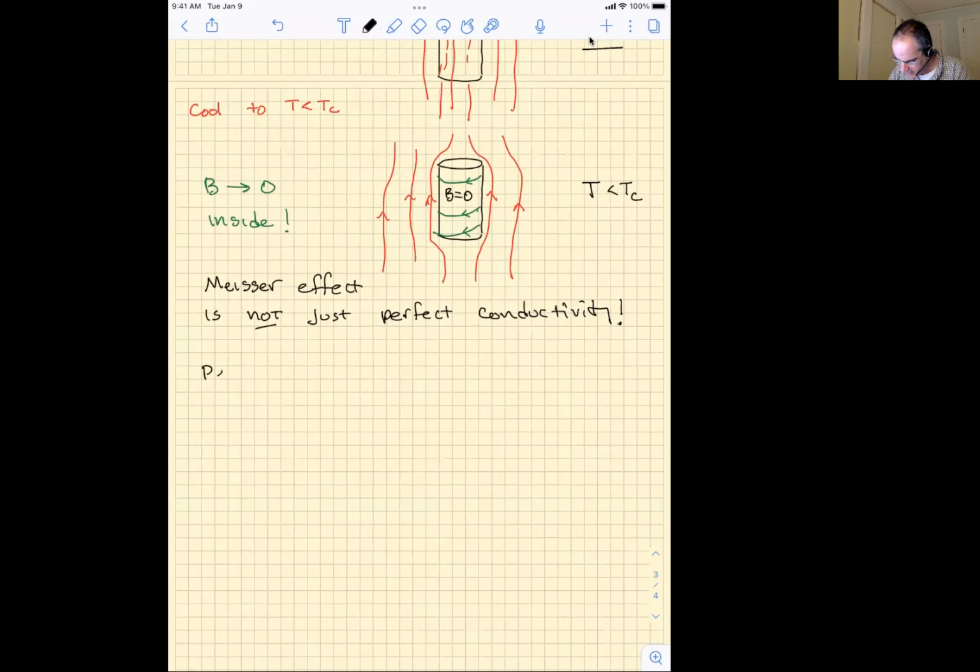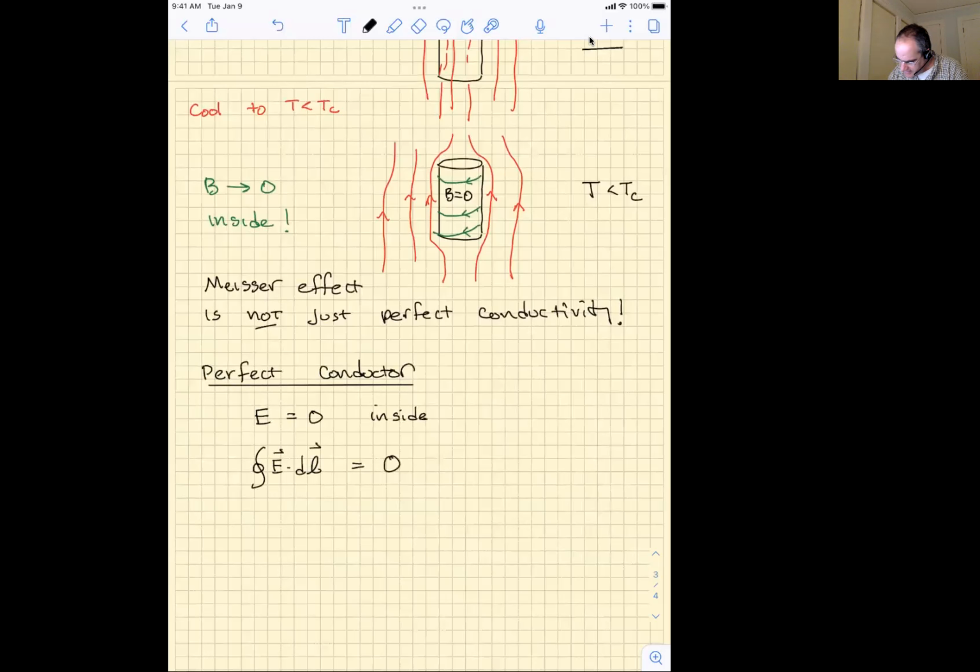For a perfect conductor, meaning a conductor with no resistance, as we mentioned a moment ago, inside of a perfect conductor, there can be no electric fields, because otherwise we'd induce infinite currents. And that means that the integral of the electric field around any closed loop must be zero as well, since the electric field is zero everywhere.